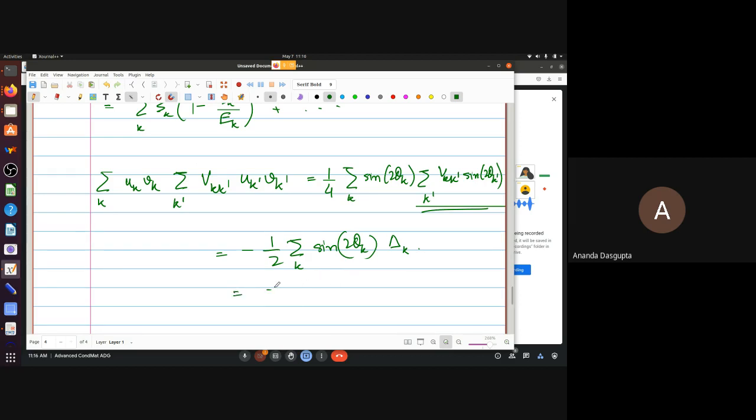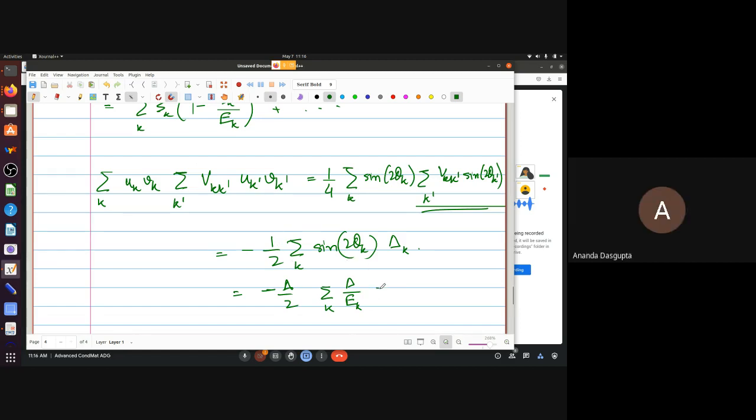So this is minus delta by 2 that can come out, and you have the sum over k of sine 2 theta k, which is actually delta by E k. Remember this? The sine 2 theta k is delta k by E k, something we found out at the very beginning.